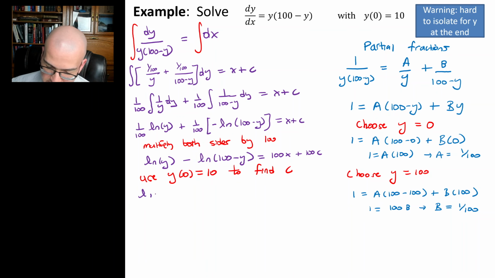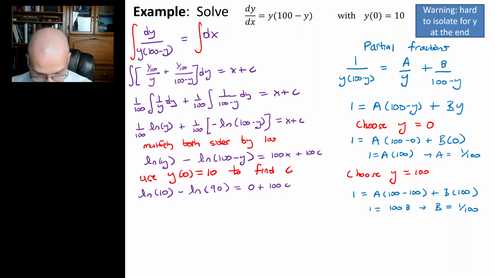So ln of 10, replacing all the y values with 10, replacing all the x values with 0. Ln of 10 minus the ln of 90 is equal to 0 plus 100c. And I'm going to use a little trick here. I'm going to use a log property.